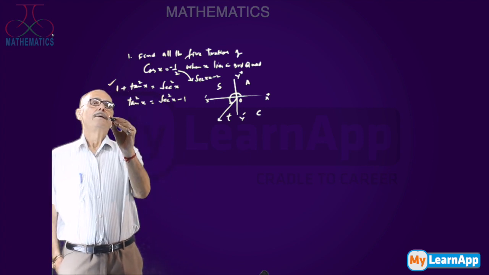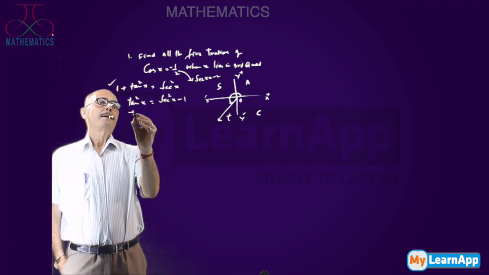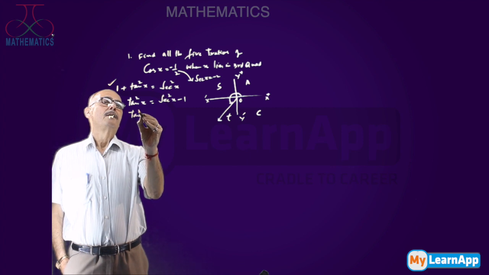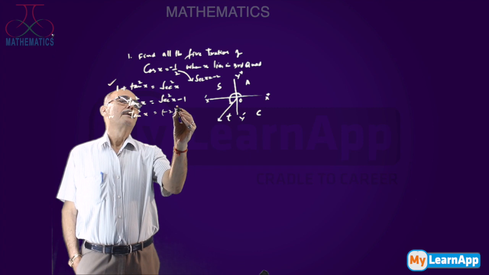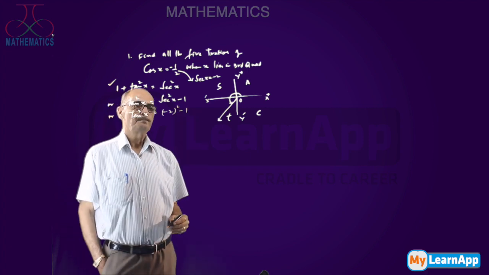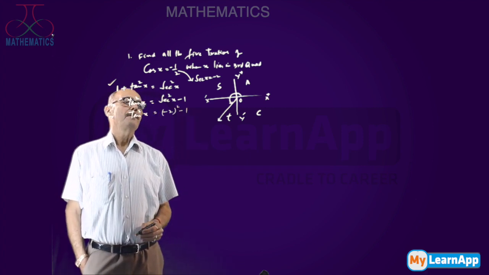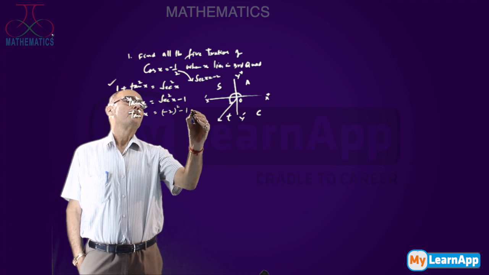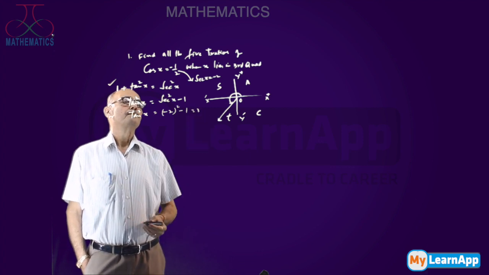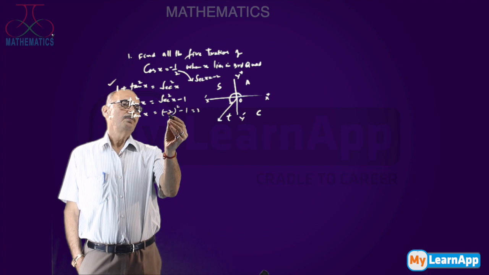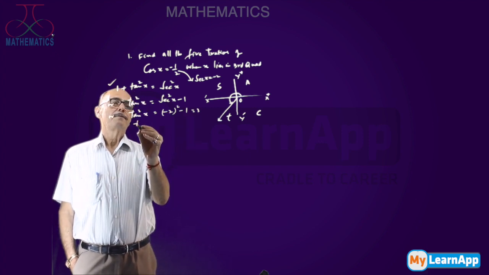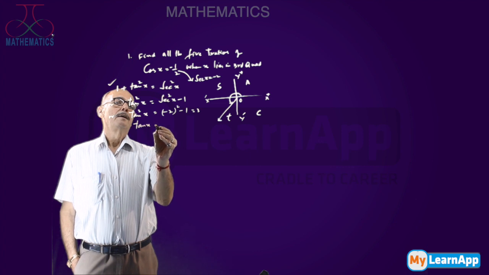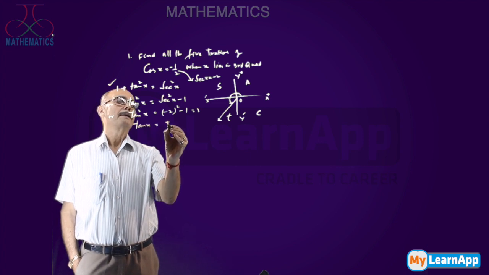Or tan square x equal to minus 2 square minus 1. And if you simplify this, it comes out to be 3. Minus 2 square is 4, 4 minus 1 is 3. So, therefore, tan of x equal to plus minus root 3.